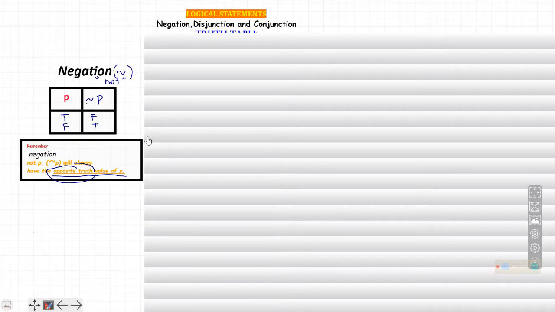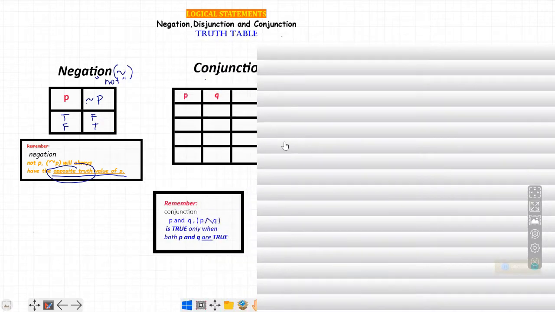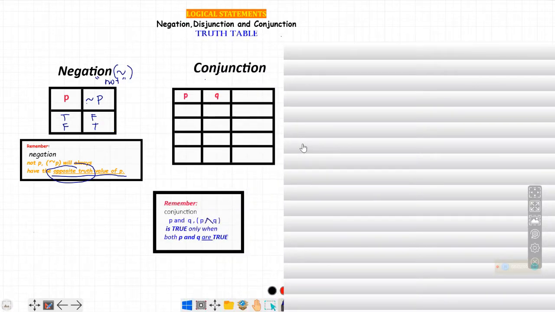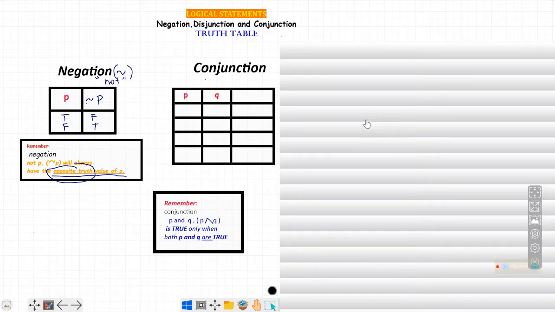Okay, next. Let's do the truth value for conjunction. For conjunction, we need to remember four combinations. For conjunction, we are using the word and. Sometimes it can also be but, yet, and there are other conjunctions that mean the same.